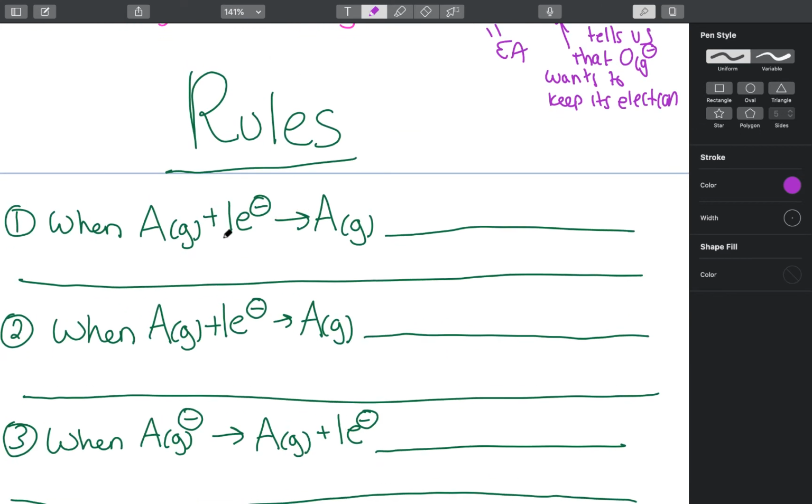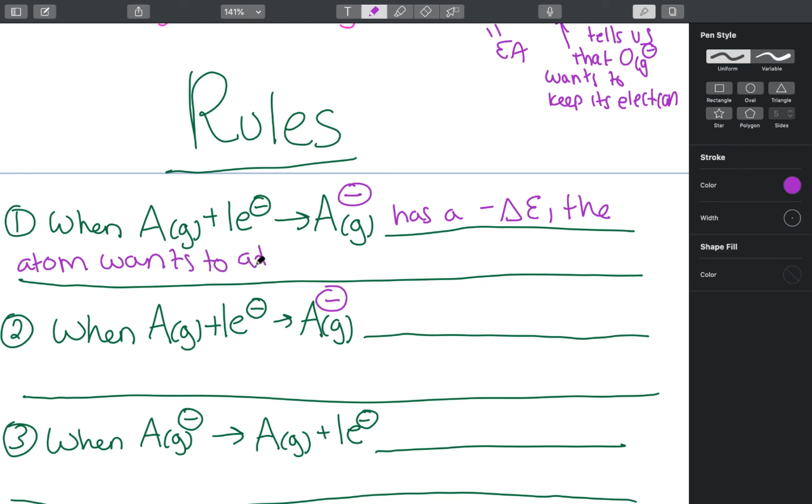So the first rule is when you have a neutral atom gaining an electron to form a negatively charged anion form of the atom. When this form of electron affinity has a negative change in energy, the atom wants to add the electron.